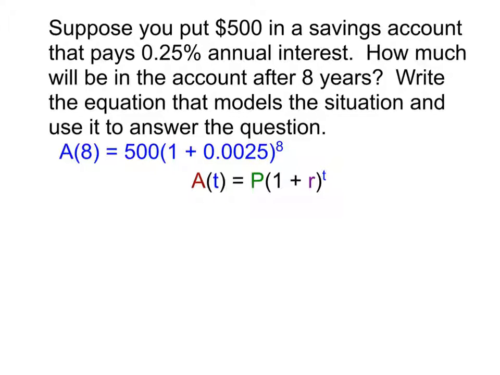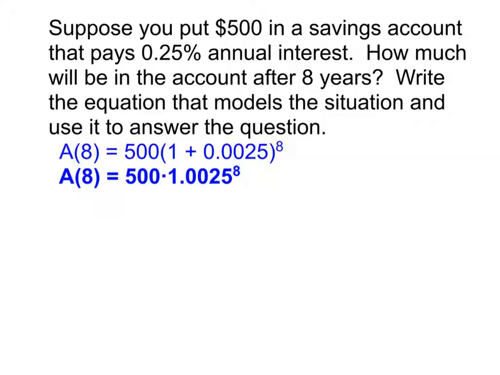Now I want to make sure that you can calculate this value correctly, so it's going to be a little bit of calculator work. First, order of operations says do the stuff inside the parentheses, so do that addition right away and make that into a 1.0025. Then order of operations says do the exponent, and then do the multiplication.